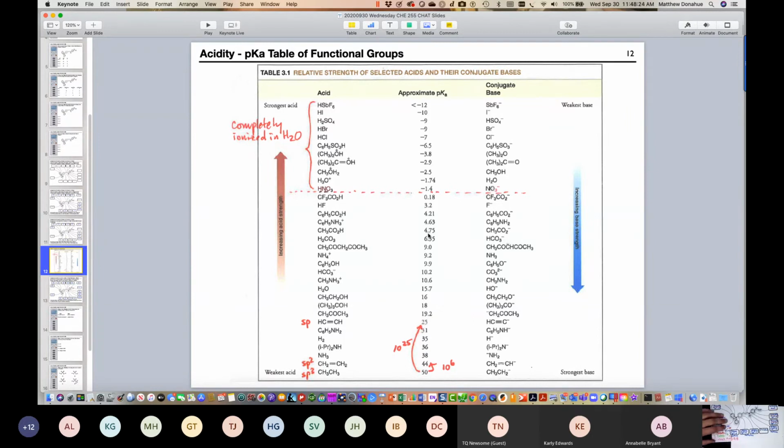So what did we just do? We determined the unique types of hydrogen. We associated the functional group.